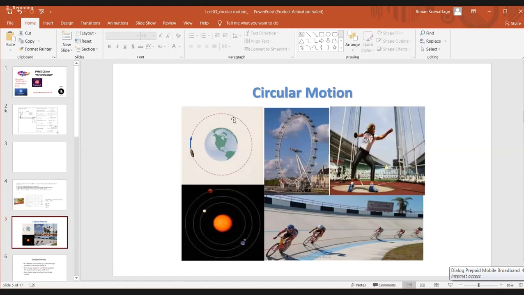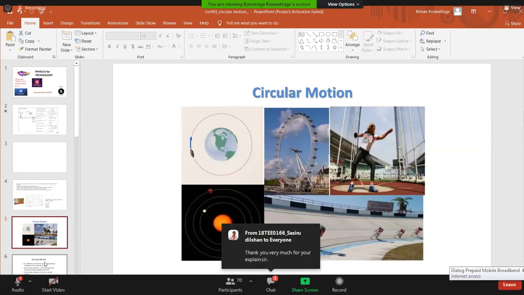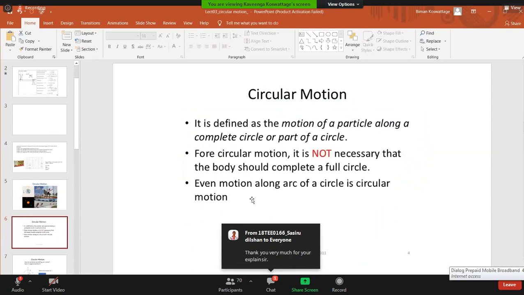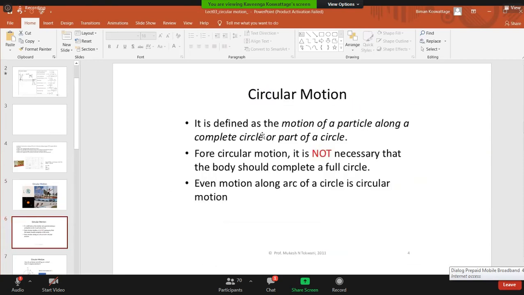So we can say that a particle is said to execute circular motion when it moves along the circumference of a circular path. You can write in your book: circular motion is defined as the motion of a particle along a complete circle or part of the circle. It's not necessary that the body should complete the full circle, and even motion along an arc of a circle is circular motion.